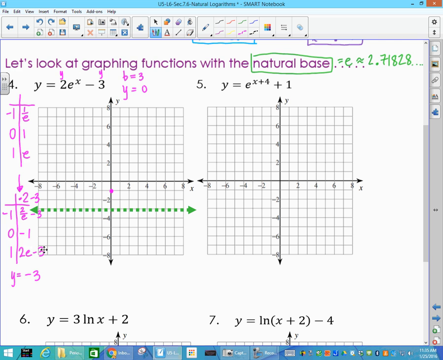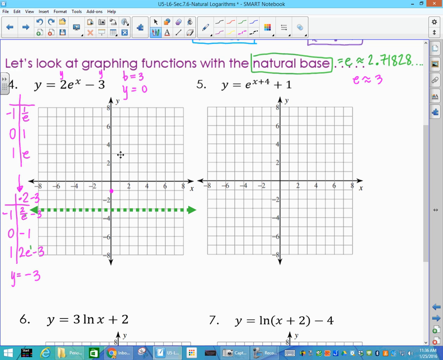Okay, so when you plot this one, round this number. You've got two choices. You can either round it to 3 just for graphing purposes, or go put it in a calculator if you don't feel comfortable doing that. So just type in your calculator 2e, and remember 2e is the same thing as 2e to the first. But 2 times 3 is 6, and 6 minus 3 is 3.